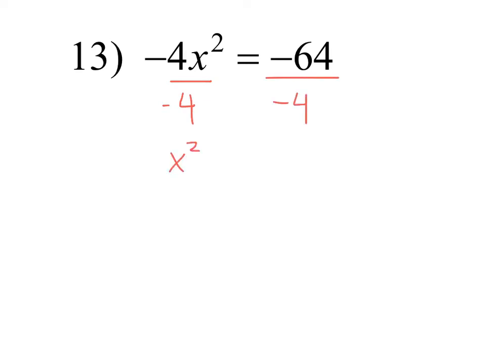So we get x squared is equal to what? What's negative 64 divided by negative 4? 16. What do we do next? Take the square root. So what do we get for x? Just 4? Plus or minus 4.